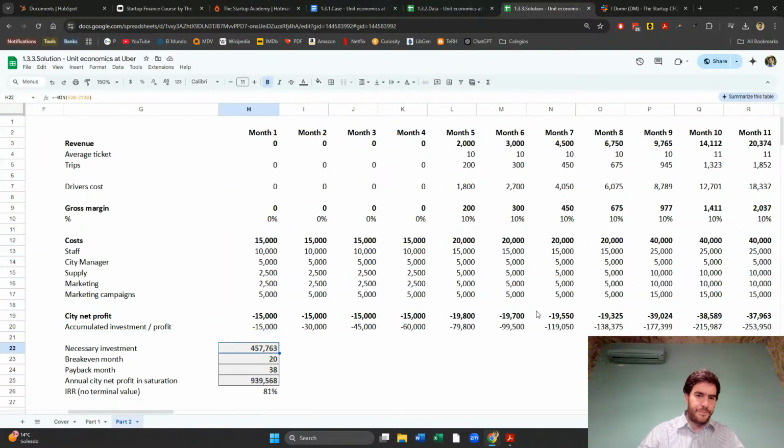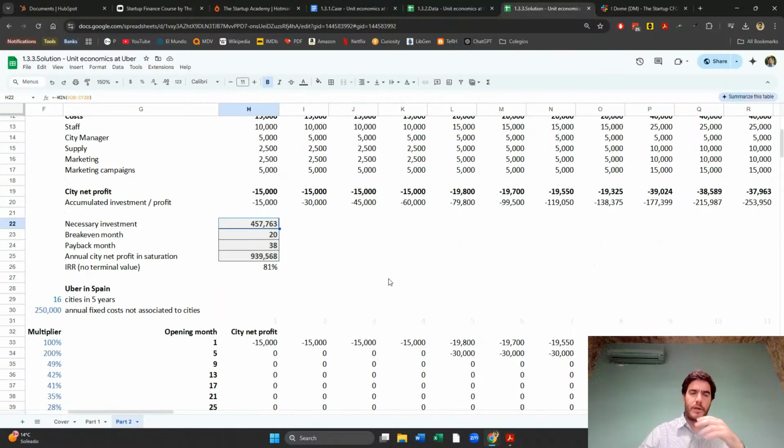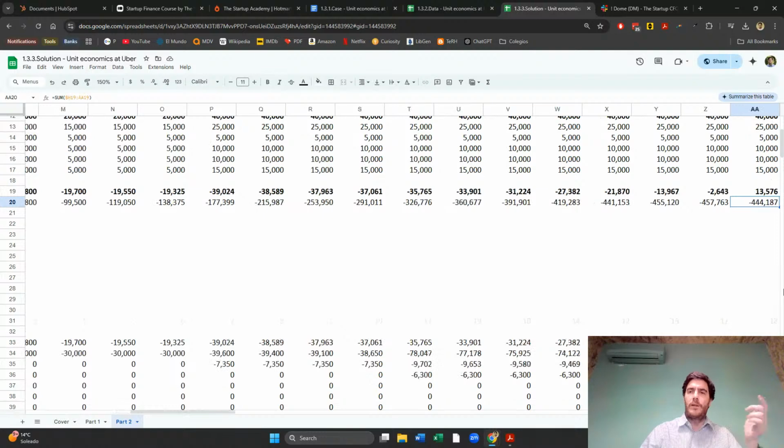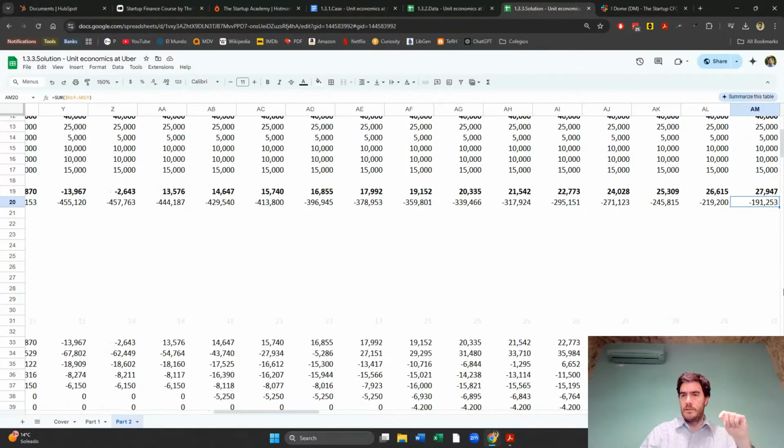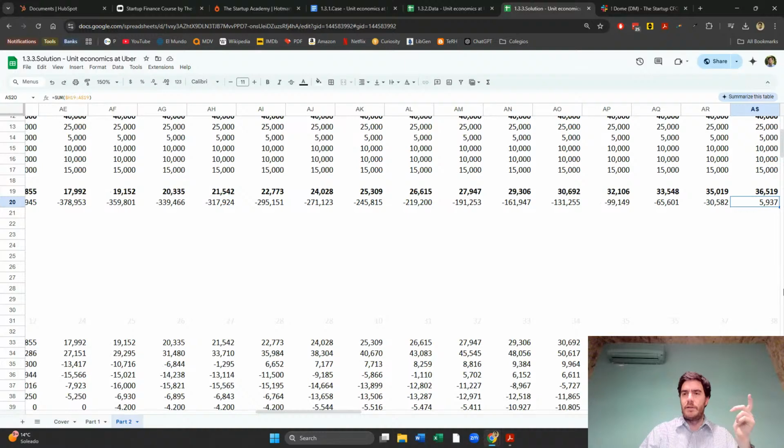which is this figure. Again, I'm going to go super fast. We can talk a lot about this, but I prefer to go to the important concept than to the numbers. Break-even month is the 20th month. On the 20th month, you start making money, but it needs to compensate all the losses, the 460,000 that you invested.